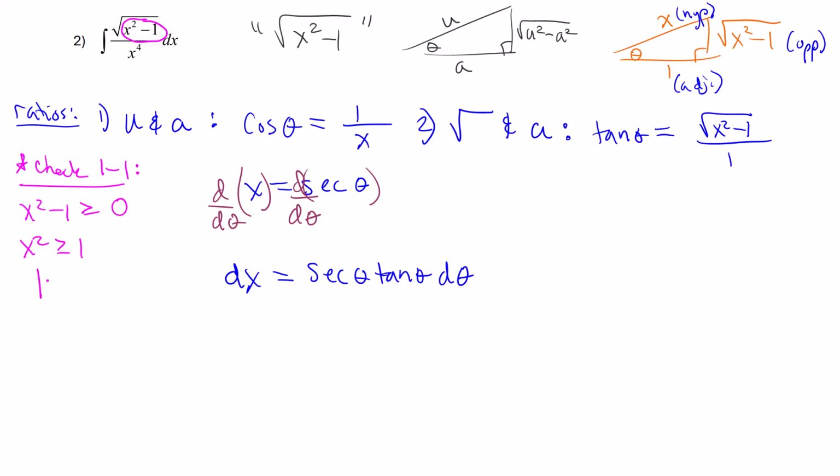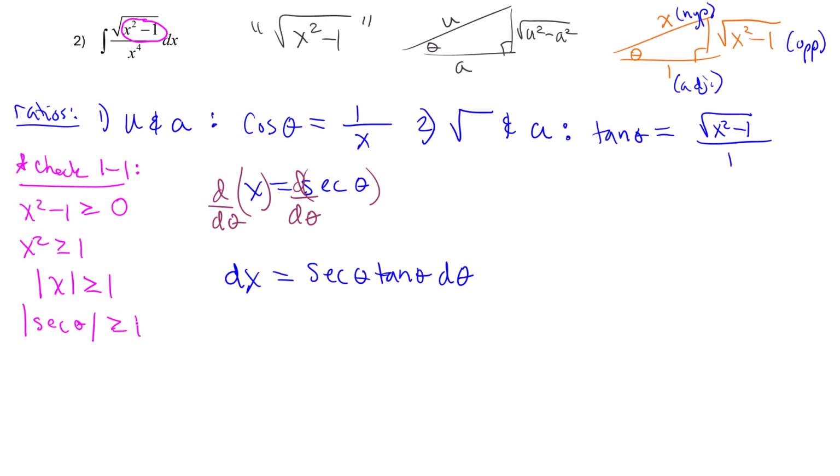And that means the absolute value of x has to be greater than or equal to 1. But if x equals secant theta, as we've already done in our ratio with our substitution, then if I replace x with secant theta, that means the absolute value of secant theta needs to be greater than or equal to 1.